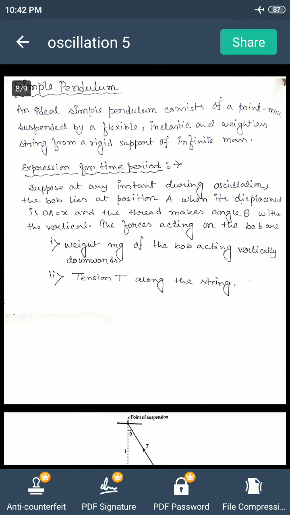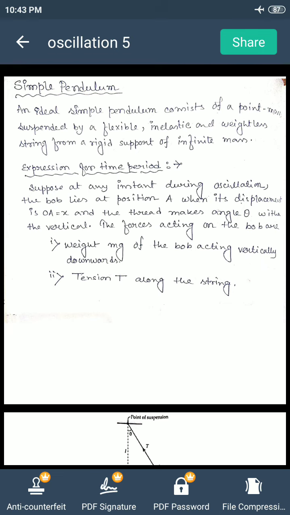Now the expression for time period. In the equilibrium position, or the mean position, the bob of a simple pendulum is vertically below the point of suspension. If the bob is slightly displaced on either side and released, it begins to oscillate about its mean position. One time to the right side, one time to the left side.